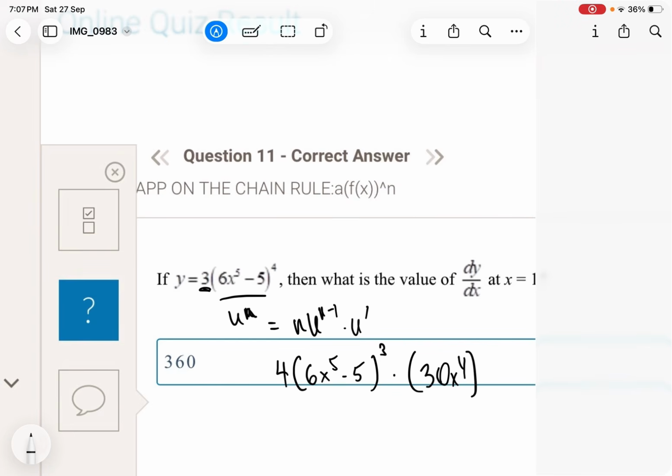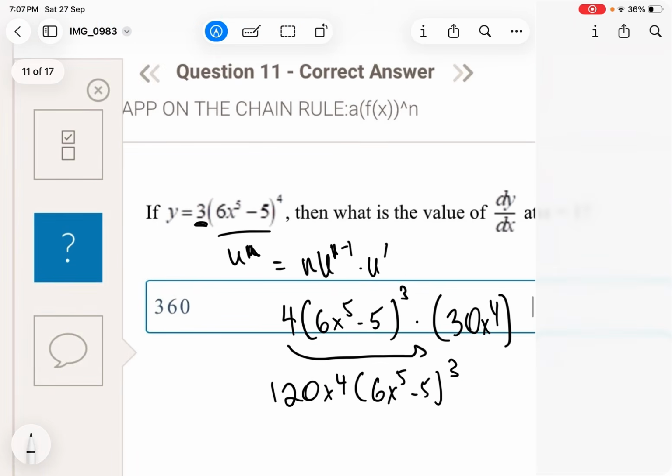And after doing that, you'll multiply it by the 4 here, 120x^4 times (6x^5 minus 5) to the power of 3. And after doing that, you take the 3 that was left originally outside, so it'll be 3 times 120x^4 times (6x^5 minus 5) to the power of 3.